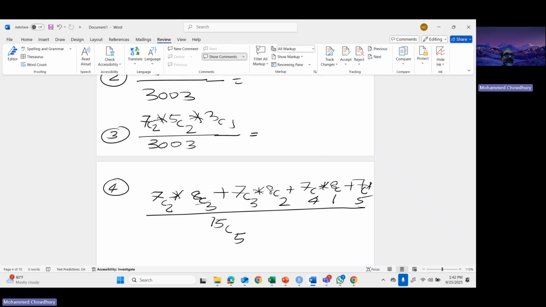Are you understanding these things? Looks like you are lost. Take a look at that. At least 2 are white, right? Then how many remaining? 8, right? There are 7 white balls and 8 green and red balls. So if 2 are white, then the remaining 3 must be green and red.